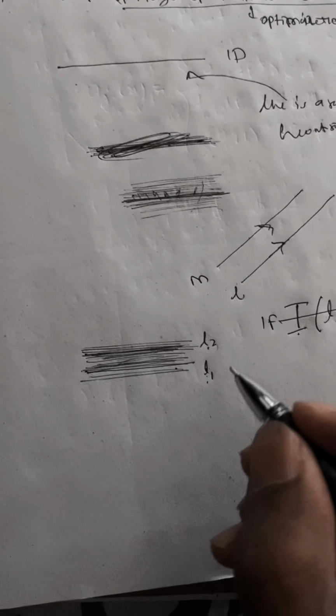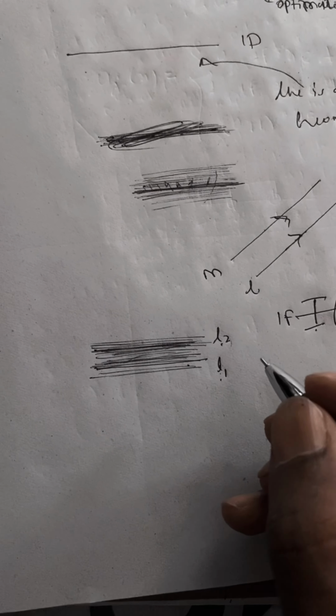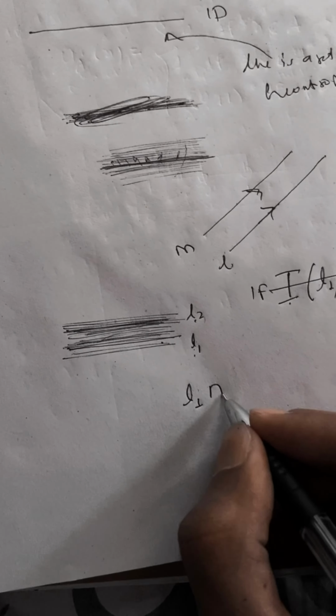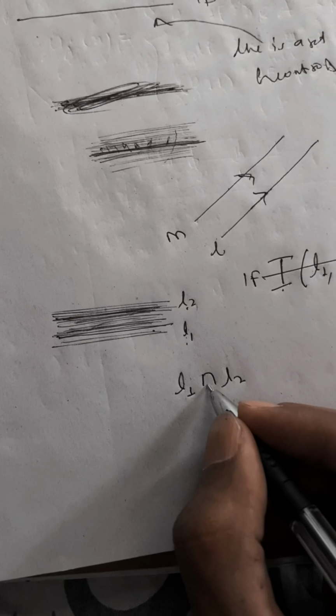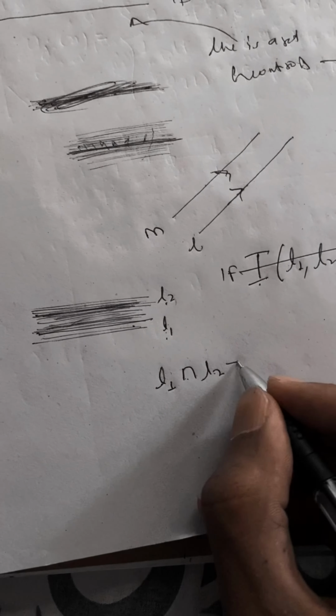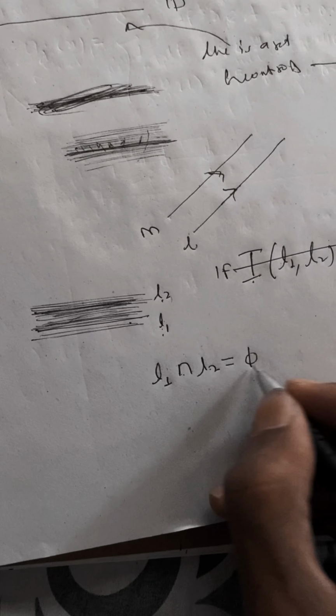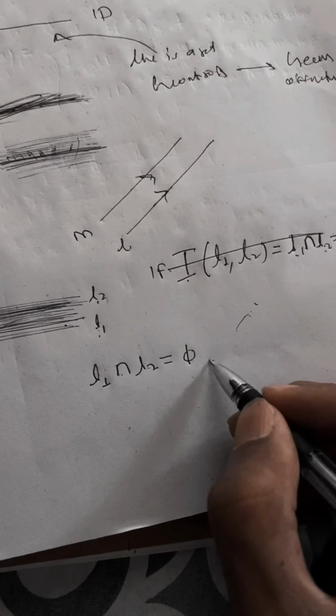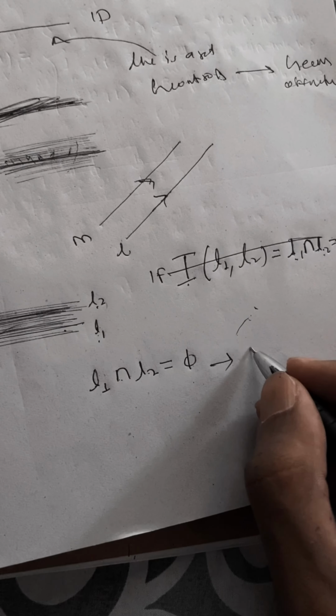Now see, the field of this line and the field of this line are overlapping here, right? So what is the intersection of the lines? That is the question we are trying to answer. Now two lines intersect, L1 ∩ L2. This is the symbol for intersect, meeting. It means line 1 and line 2 meet. Now if this is equal to φ, meaning empty, and they do not intersect, it means they are parallel.